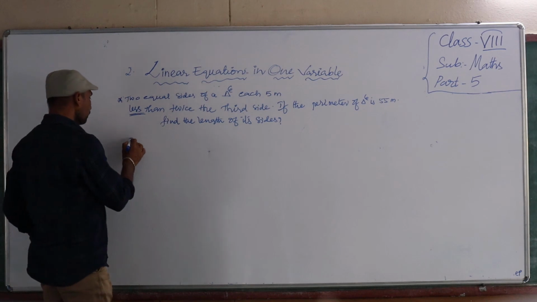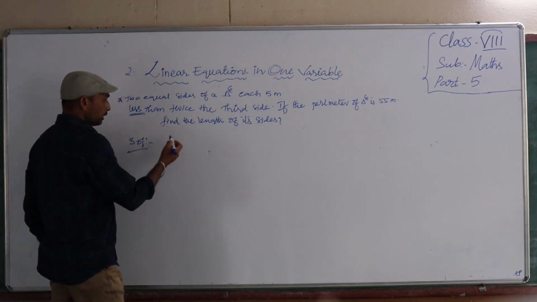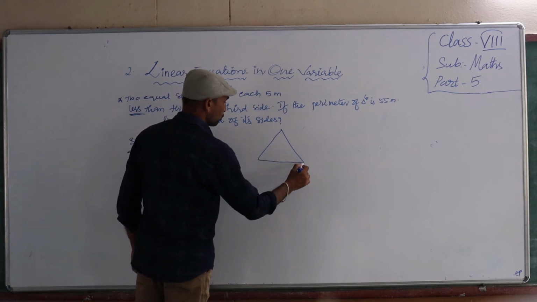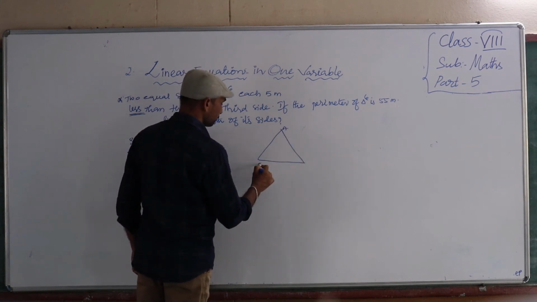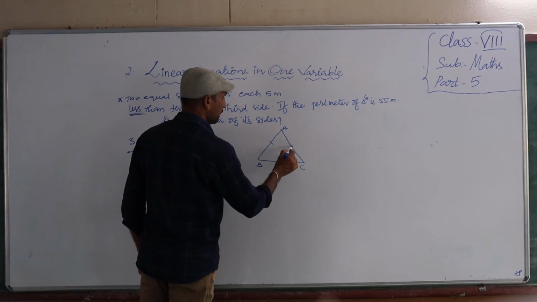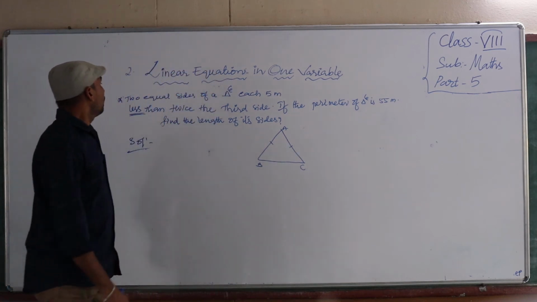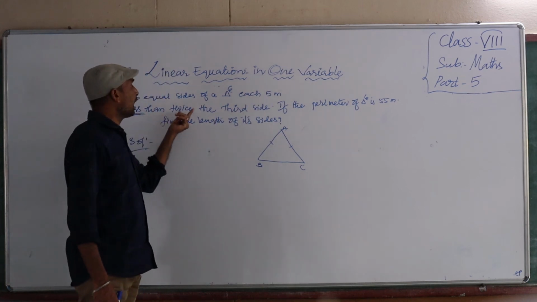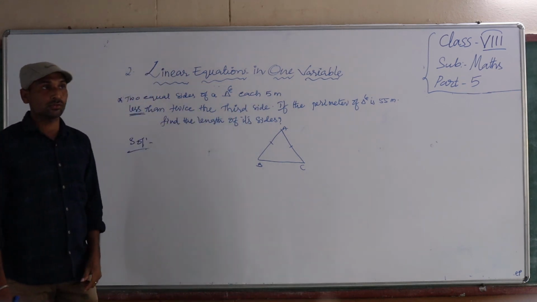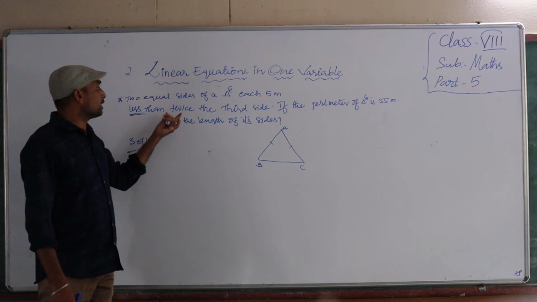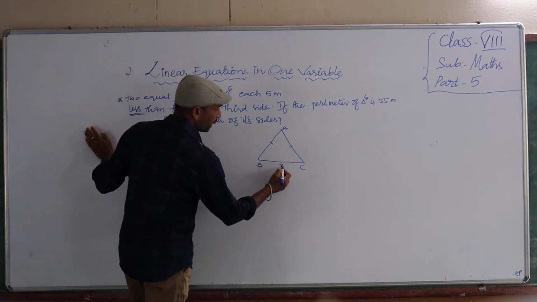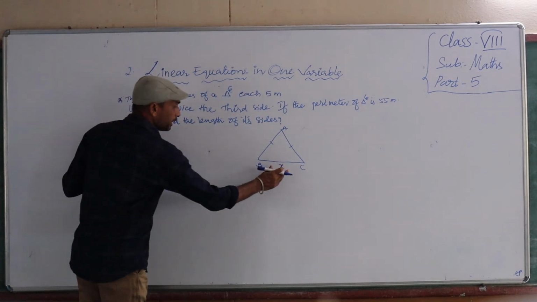So here there is a triangle, an isosceles triangle. Two sides are equal, and these two sides are 5 meters less than twice the third side. We don't know the third side, so that's why I am taking x.